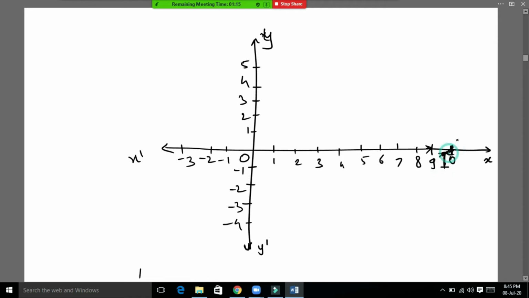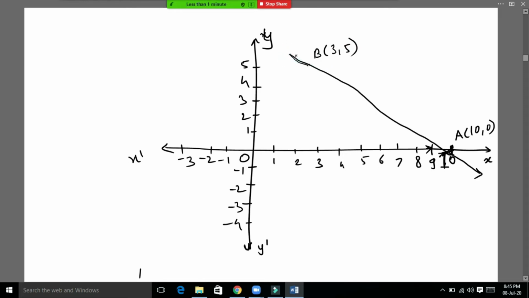Let us represent it by A. (3, 5) is the second point. Represent it by B. Join these 2 points. For the second equation, (3, 5) is the first point.